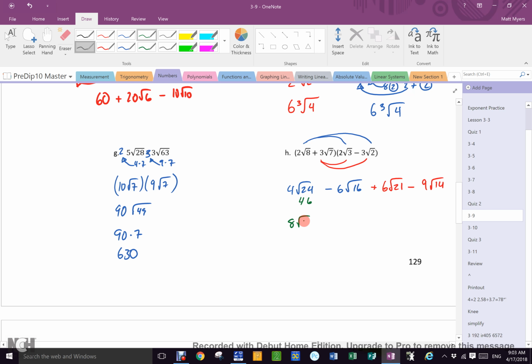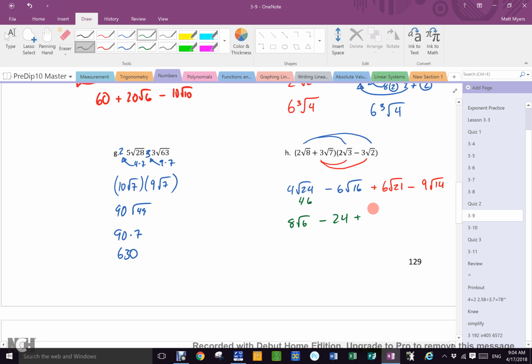That's 8 root 6. Minus. Does that one simplify? Square root of 16 is 4, so what comes out? Negative 24. Plus 21, does that simplify?